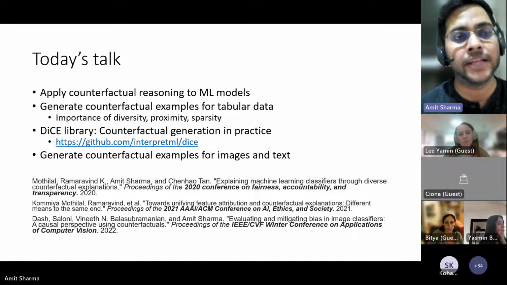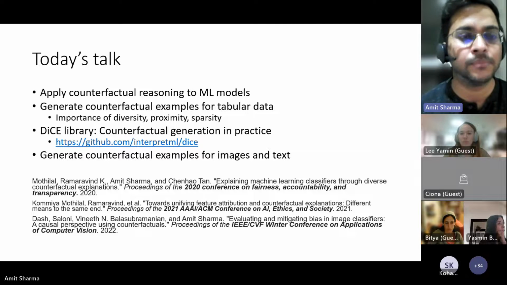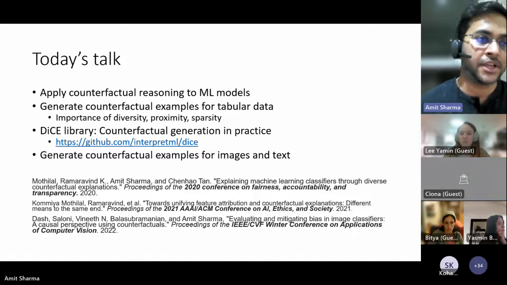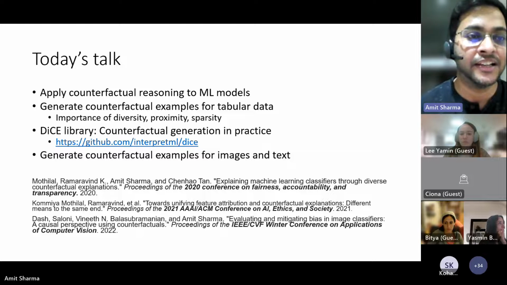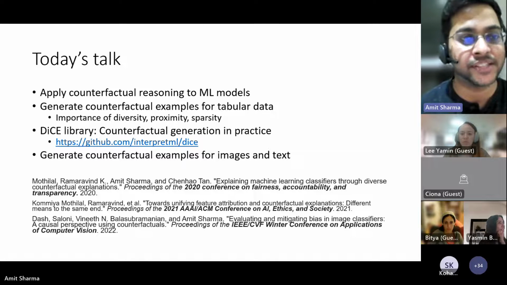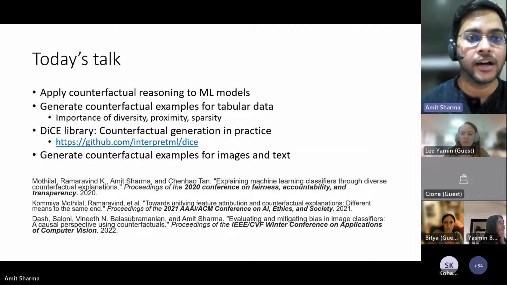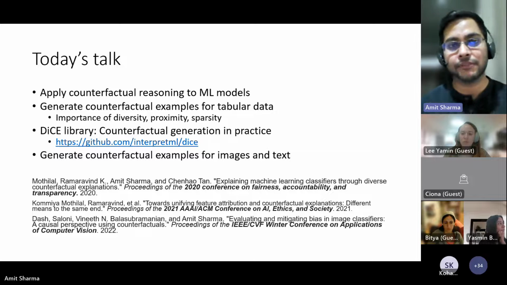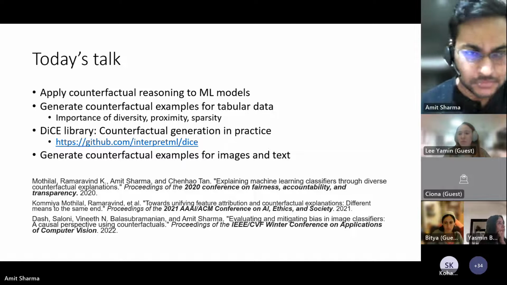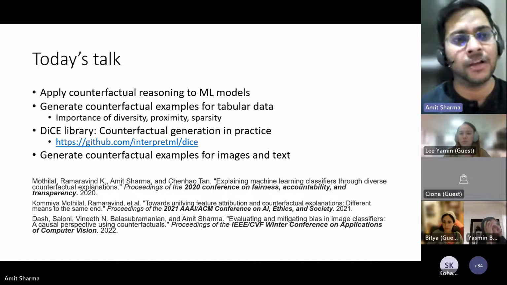And then finally, I'll generalize this idea to images and text as well, because today a lot of the interesting machine learning examples are happening in text and images. If you have any questions during the talk, feel free to just speak up. I'm happy to take questions at any point of time. So don't wait till the end.